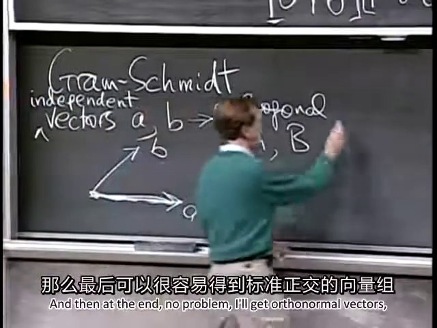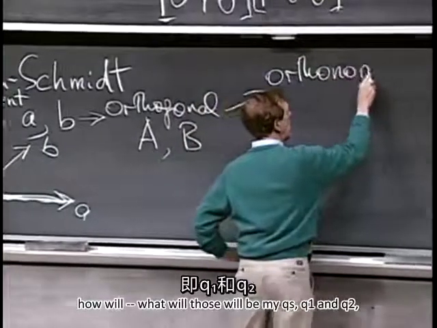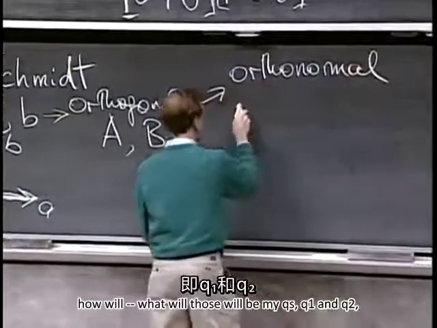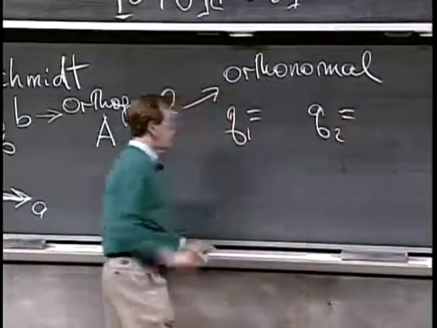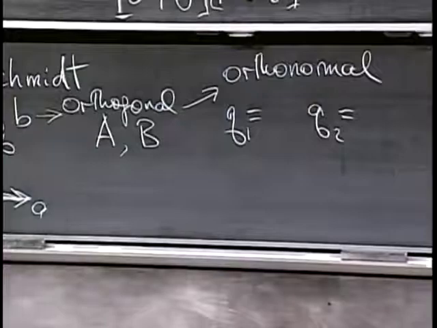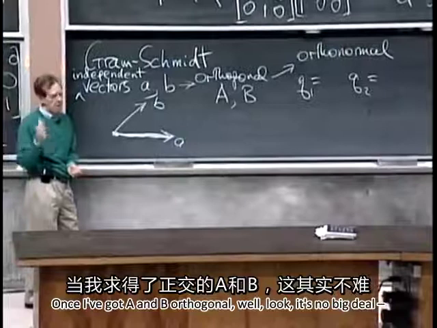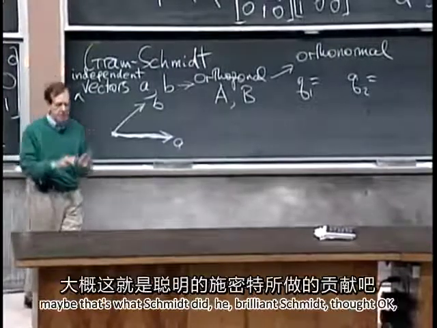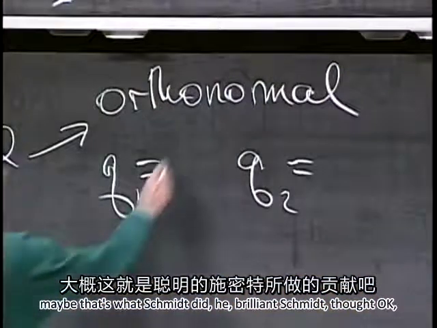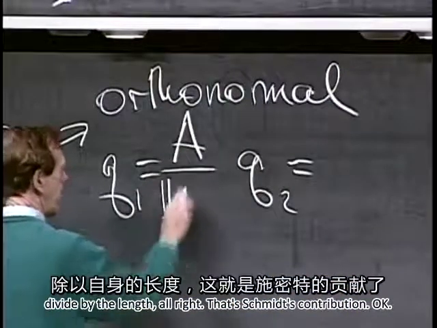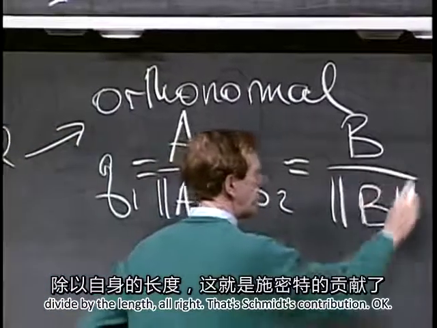And then, at the end, no problem, I'll get orthonormal vectors. Those will be my Q's, Q1 and Q2. And what will they be? Once I've got A and B orthogonal, well, look, it's no big deal. Maybe that's what Schmidt did. Brilliant Schmidt thought, okay, divide by the length. All right. That's Schmidt's contribution.